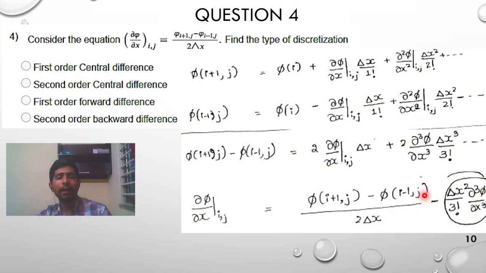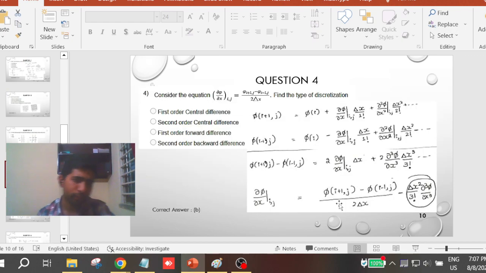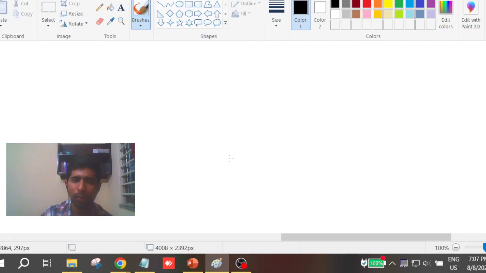But this is useful if you have a very lengthy answer. For MCQ questions there is a shortcut, something you might have to remember through an analogy. So first, the forward difference scheme. In this, you want to find out at I comma j.